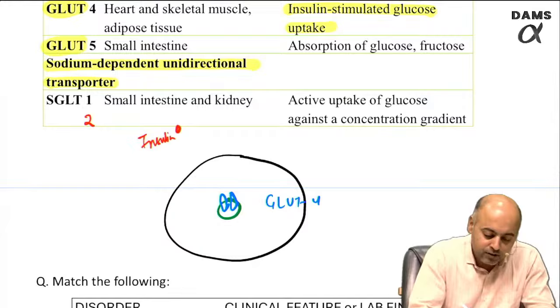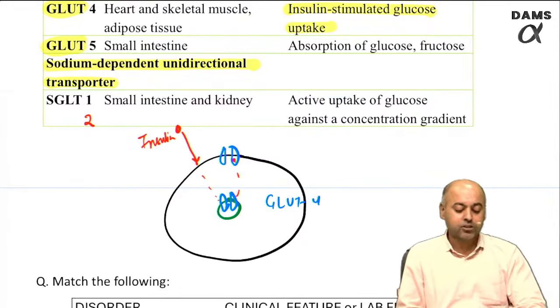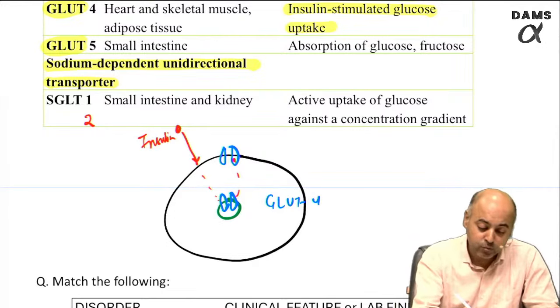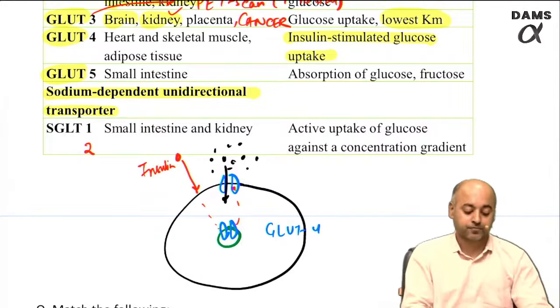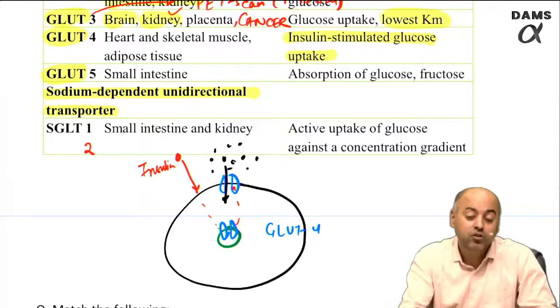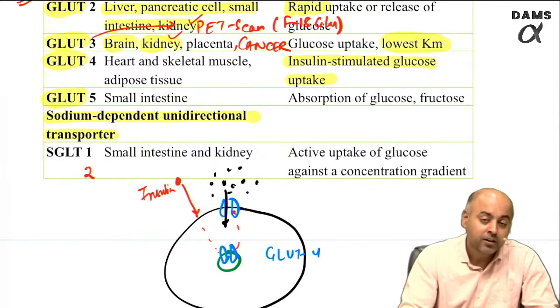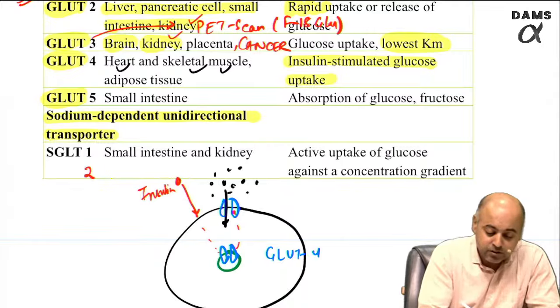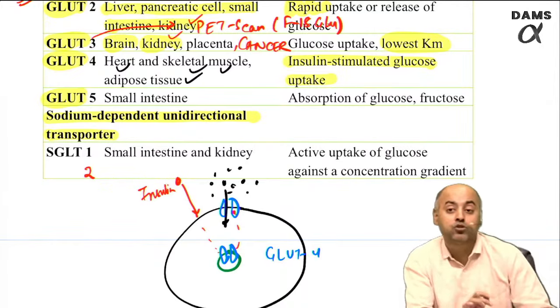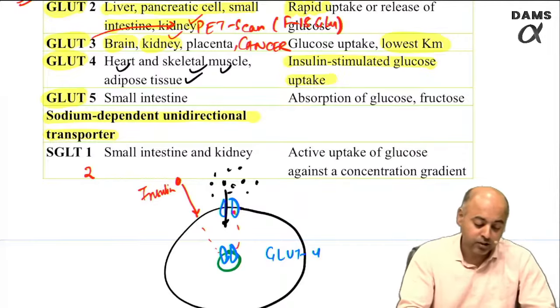When insulin levels rise, that is when the GLUT4 is getting mobilized to the surface, and once it is mobilized, it will start taking up the glucose molecules. Okay, so mobilization of GLUT4 is done by insulin, and this GLUT4 is present only in the muscles, whether it is the cardiac muscle or the skeletal muscle, and in the adipose tissue. These are the only places where the GLUT4 will be present.